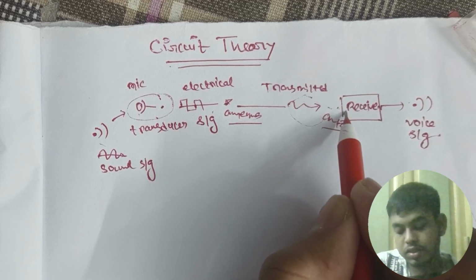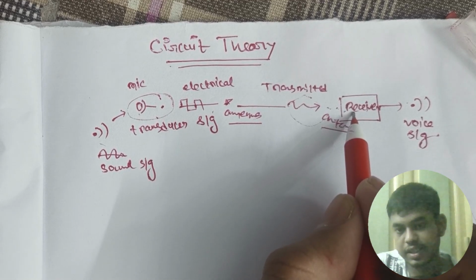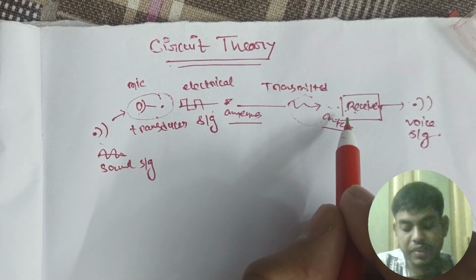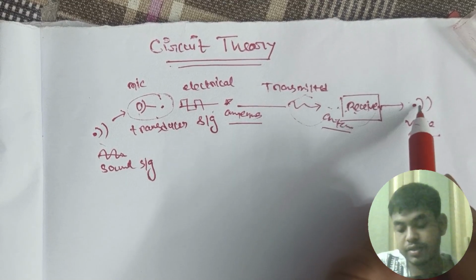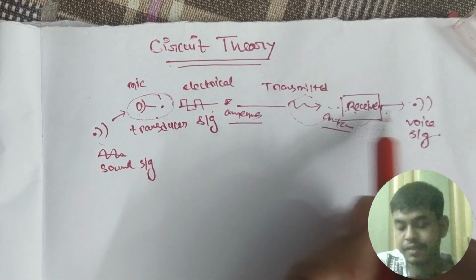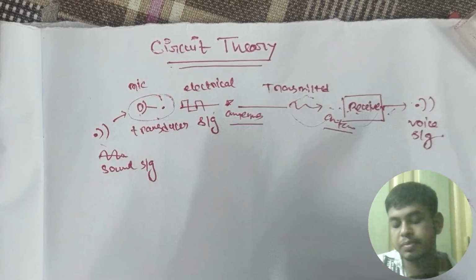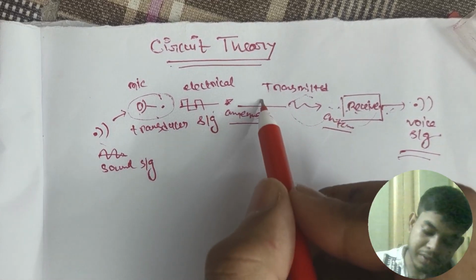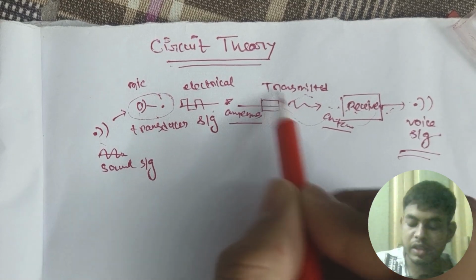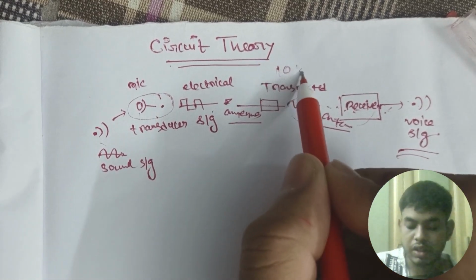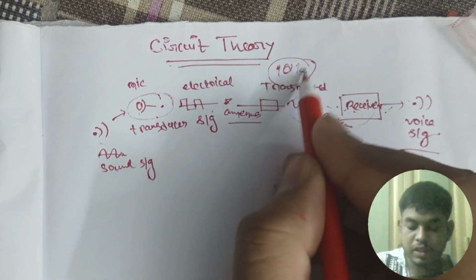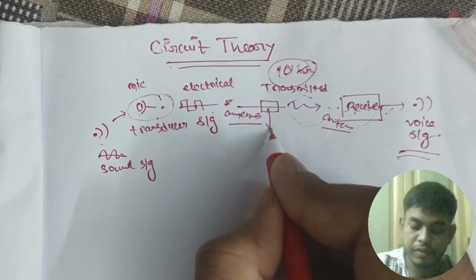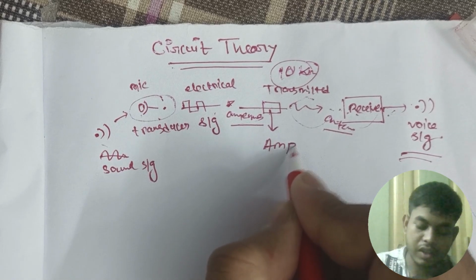Then the antenna converts this into an electrical signal inside the receiver. Then the receiver gives output to the speakers, and the speakers generate voice signals. In between, this is a long range, suppose 10 kilometers. Here we need to amplify the signal.